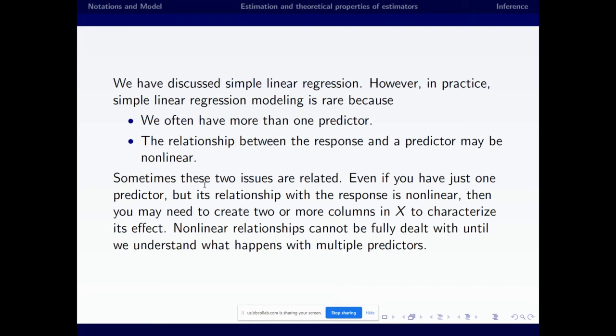Even if you have just one predictor, if its relation with the response is nonlinear, then you may need to create two or more columns in X to characterize its effect. And this nonlinear relationship cannot be fully dealt with until we understand what happens with multiple predictors.